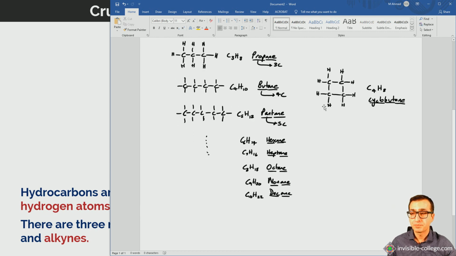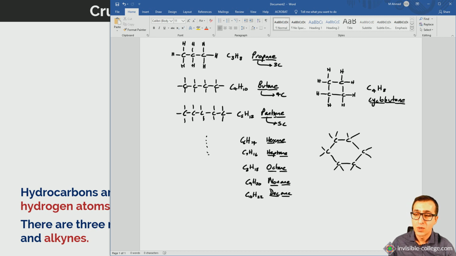Now, if we also draw, for example, the displayed formula of cyclohexane, cyclohexane would look like this. 6 carbons arranged in a ring, and I'm not going to draw all the hydrogens, the remaining bonds around each of these carbons are all going to be to hydrogen atoms. So the molecular formula of cyclohexane is going to be C6H12.